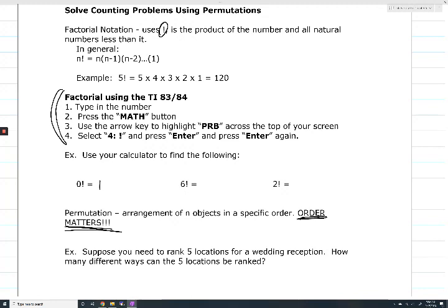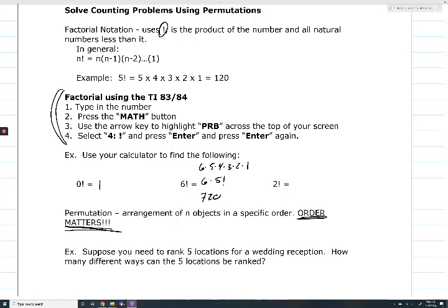6 factorial. So 6 factorial is 6 times 5 and so on, which is 720. Now another way of writing 6 factorial, and this is going to come in later when we start talking about permutations, is 6 factorial is 6 times 5 factorial.